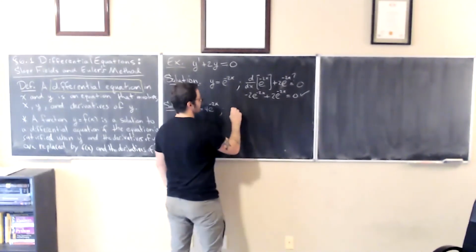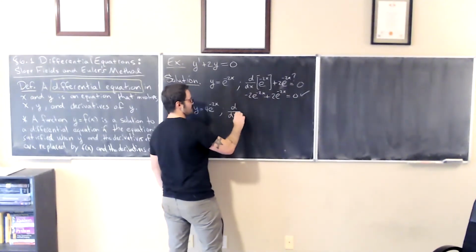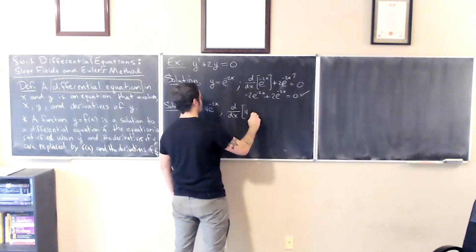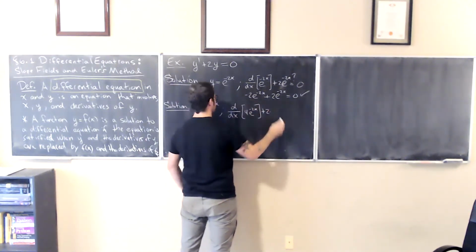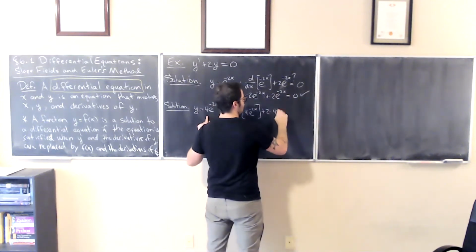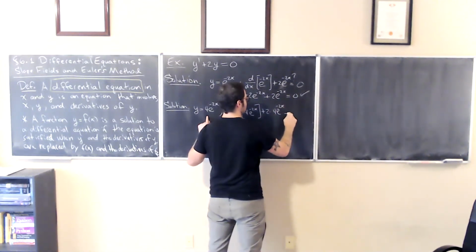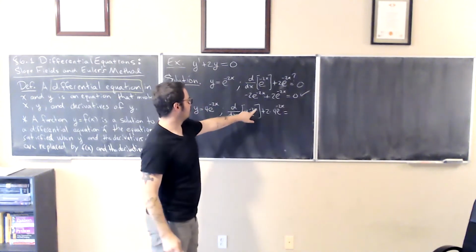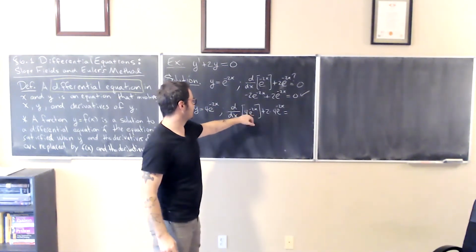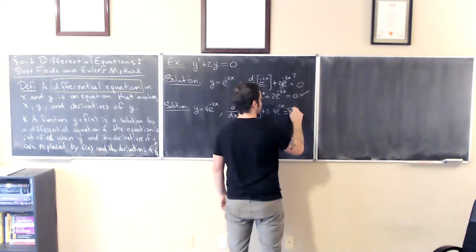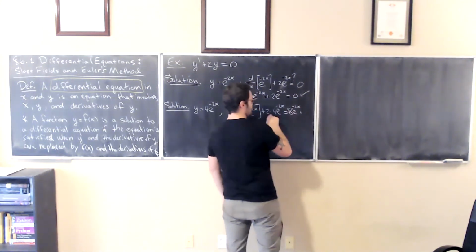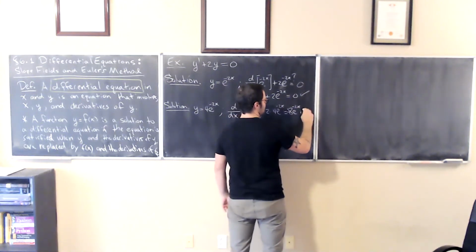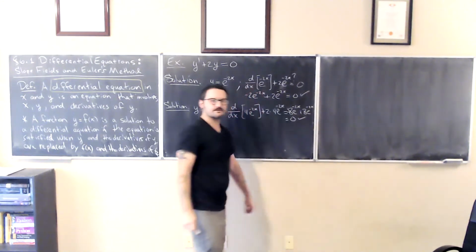Because if we do the same procedure, the derivative of 4e to the negative 2x is negative 8e to the negative 2x, plus 2 times 4e to the negative 2x is 8e to the negative 2x. That does indeed equal 0, so that's another solution.